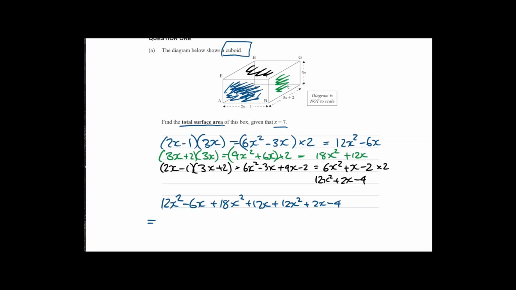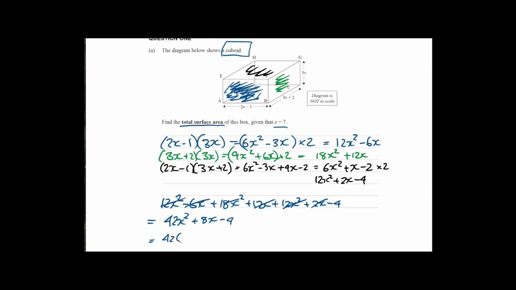We've got 12x squared plus 18x squared plus 12x squared, so that's 42x squared. Those are the x squared done. Then for the x terms, minus 6 plus 12 plus 2, so it's 8x. So the x's are done. Minus 4. Yes, minus 4.